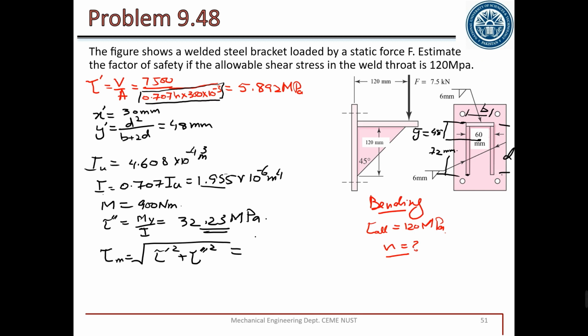Substituting values, we get tau max equal to 32.76 MPa. The maximum allowable stress is given, so check the factor of safety. Factor of safety is equal to tau allowable divided by tau max. 120 divided by 32 gives us a factor of safety of 3.66. So in this case, our weld is secure by a factor of 3.66.